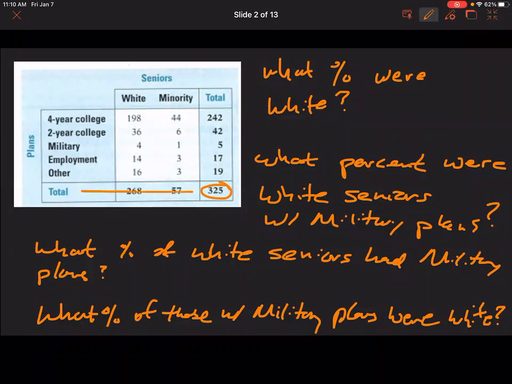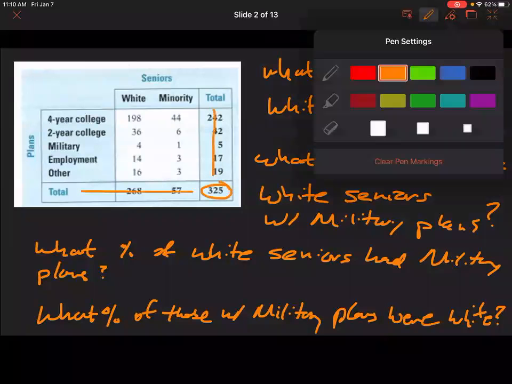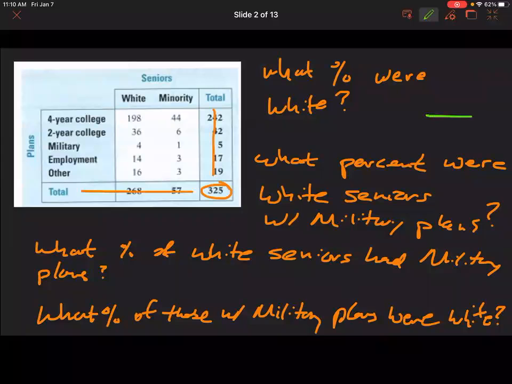This is the total of everything. So the number in the group we're talking about goes on the bottom of our fraction. We have 325 on the bottom here. And then it says what percent were white, so we put the number of white seniors on top, and that's 268.